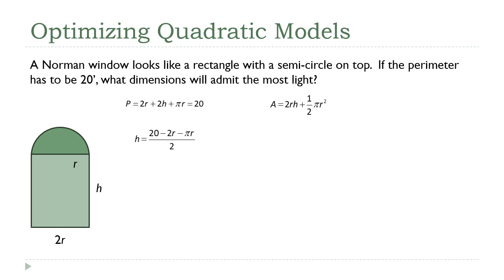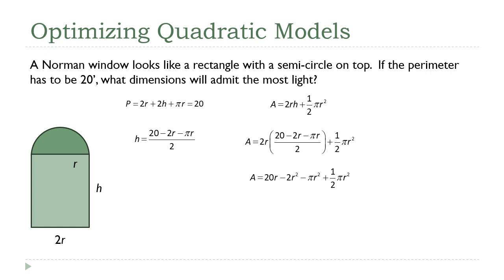Now I'm going to substitute this into the area formula. Yeah, could have been nicer, but it's not that bad because I've got the 2 outside the parentheses and the 2 in the denominator. They're going to cancel, right? So I'm going to cancel those 2's. I'm going to distribute the r into the parentheses, and I'm going to end up with 20r minus 2r squared minus pi r squared plus 1/2 pi r squared.